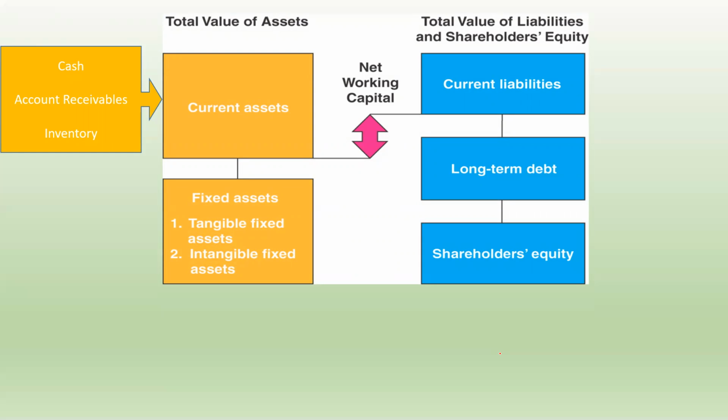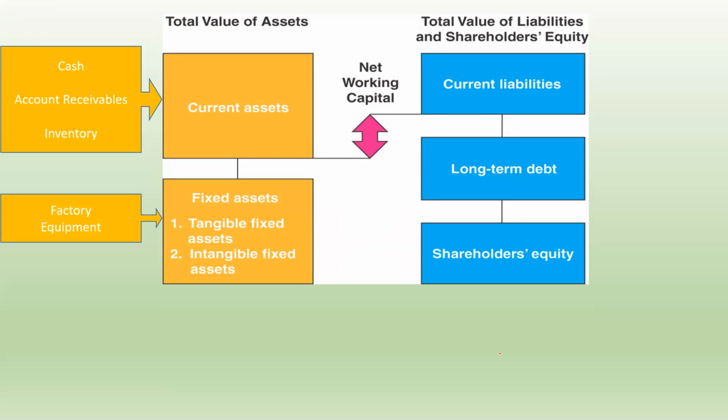For example, this company is a supplier to another company, and this company provides its customer some credit lines. So those are accounts receivable, because its customer will have to pay back within a short period of time, like 60 days or 90 days.